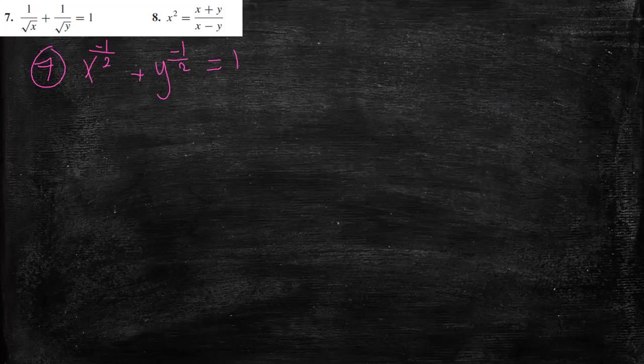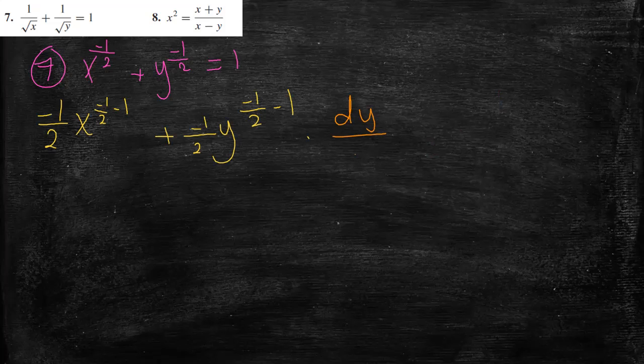Now let's find the derivative. It will be negative half x raised to the power negative half minus 1, plus negative half y raised to the power negative half minus 1 times dy over dx, equal 0.